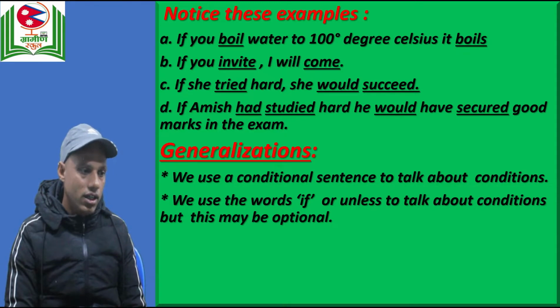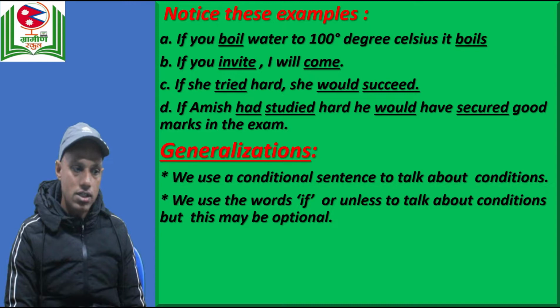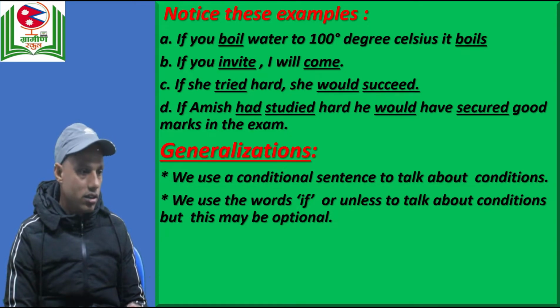The second point we learn from the above examples is that we use the words if or unless to talk about conditions, but this may be optional. It means we can omit the word if or unless in the sentences, and the sentence is still meaningful. So they are not compulsory in each and every sentence. We'll see some examples regarding this in the next slide.